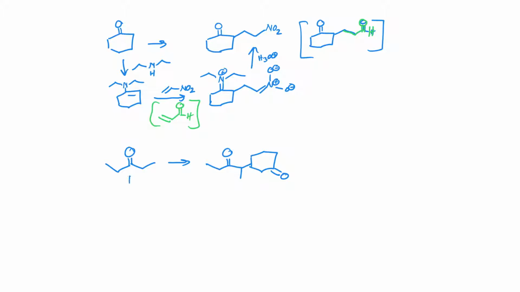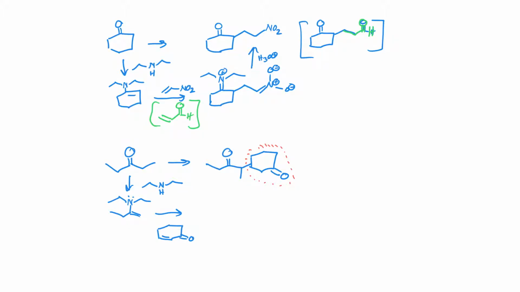So let's go ahead, make the enamine. I have to recognize that this would create a not very reactive enolate. And I'm going to react that with this. So I recognize that this should be the shape of my electrophile.